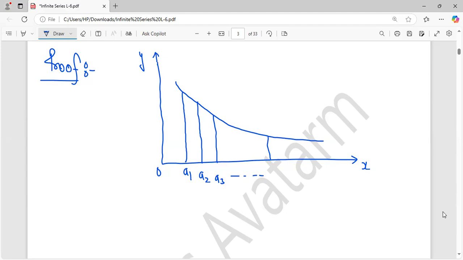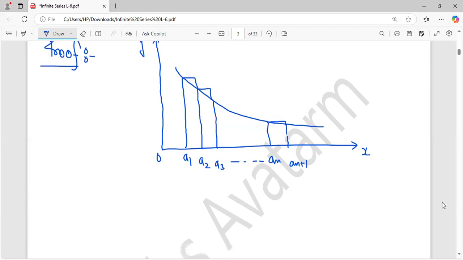This will be the a_n term and this will finally be the a_(n+1) term. So I will complete these rectangles.